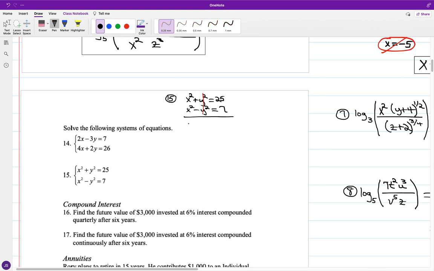So x squared plus x squared becomes 2x squared, and 25 plus 7 will be 32. Dividing by 2, we have x squared is equal to 16.